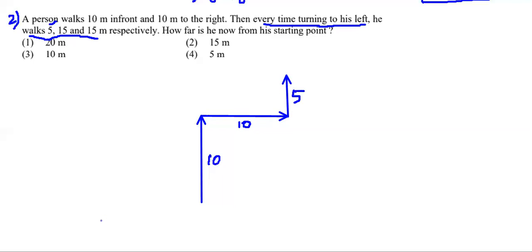And once again, he's going to move to his left hand side. So from here, left hand side means it will be turning to the left like this. We'll have the lines to be very clear. Yeah, fine. So from here, he's going to turn to his left. So left hand side will be like this.